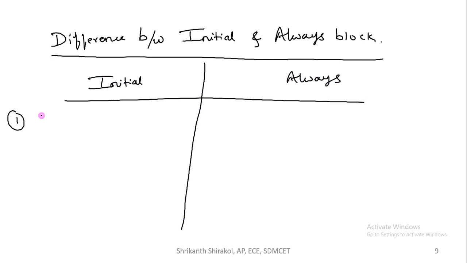So what's the first difference? Its keyword is initial. Its keyword is always. That is not needed. That's not actually the conceptual difference. So we'll concentrate only on conceptual difference. Initial executes one time only during simulation.